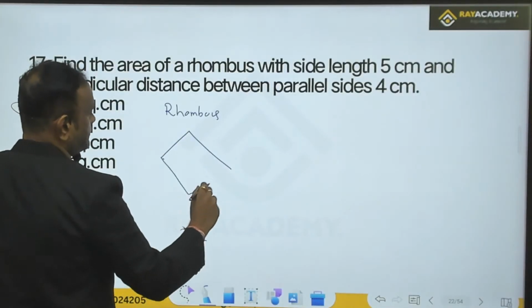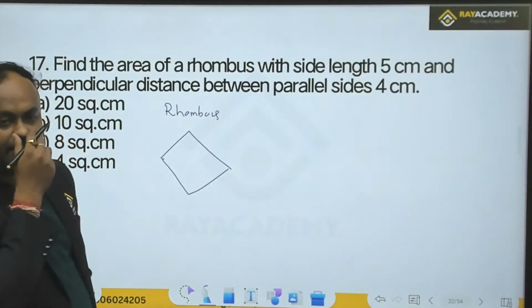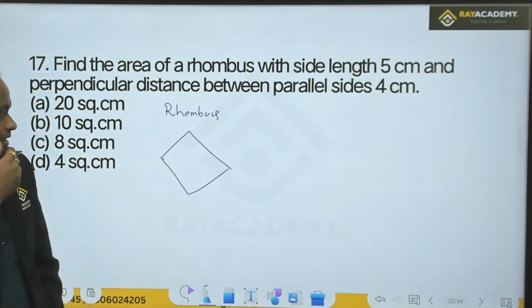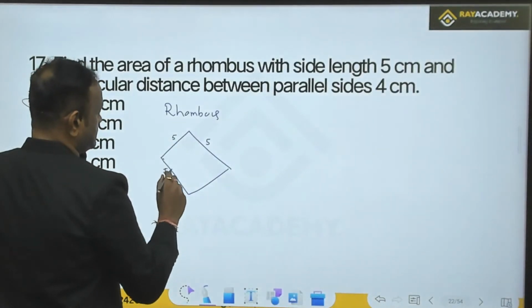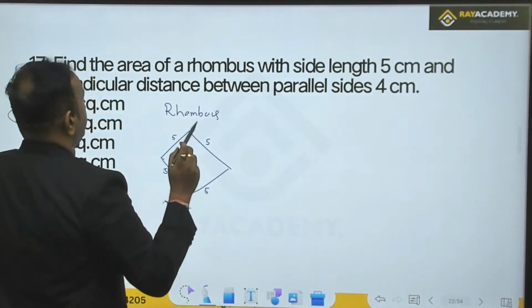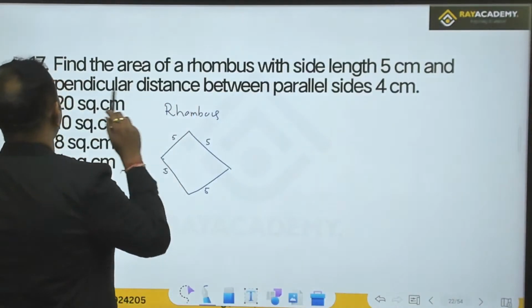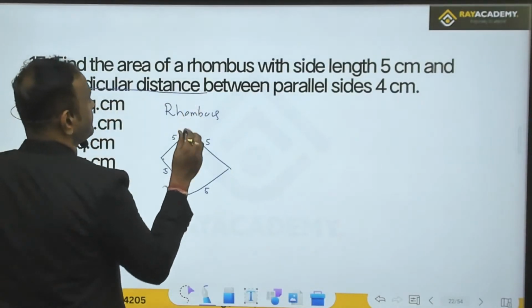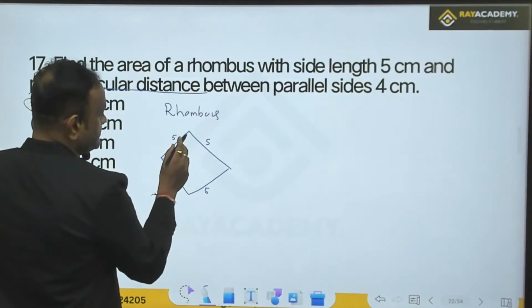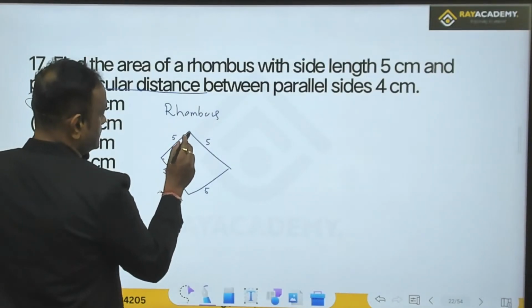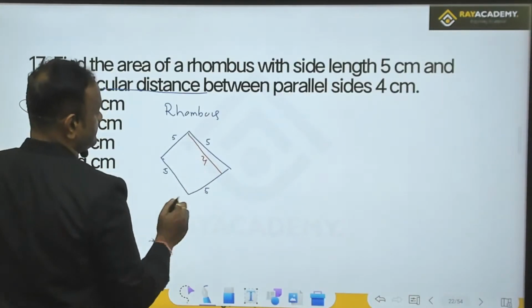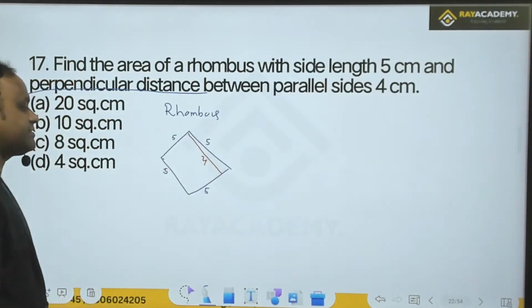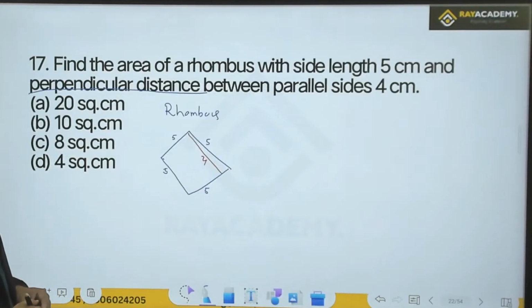The property of a rhombus: all the sides are equal. So this is given 5. And the perpendicular distance between parallel sides, something like this, is given 4.